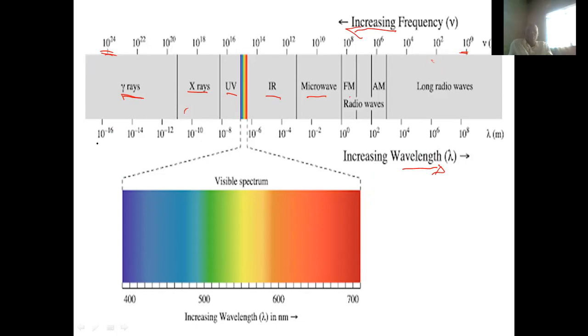You notice that here the gamma rays have very short wavelength compared to radio waves. And in between here, this is where we have the visible spectrum. So this is very important because you need to always know exactly the pattern. In examinations, normally they would want you to know the exact pattern of the electromagnetic spectrum. That is, you need to know exactly the position of each of these electromagnetic waves.